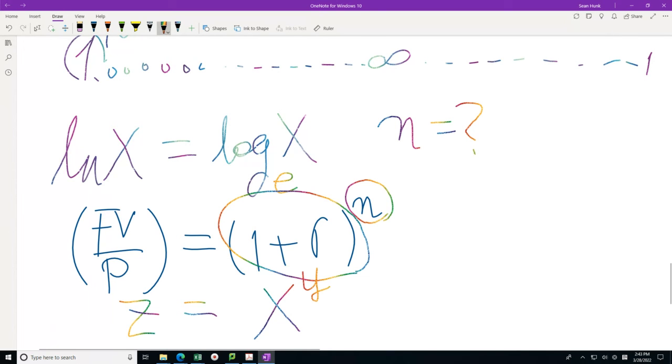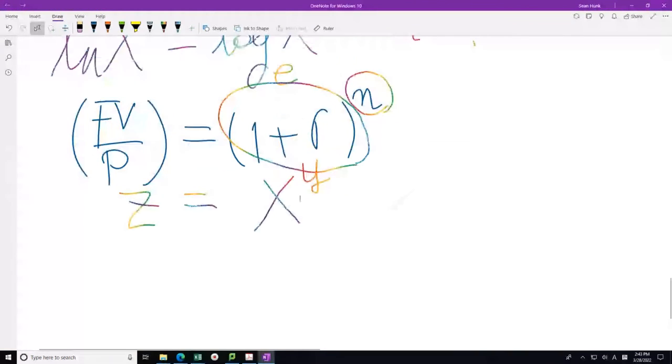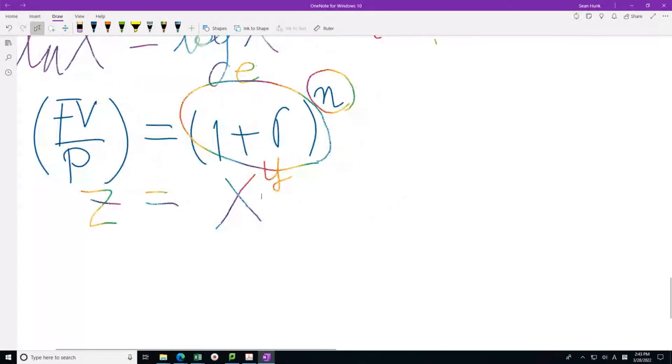Which is a power function. And I've been telling you, the key to solving any equation is to identify the z equals x times y structure. However, we don't have that structure.